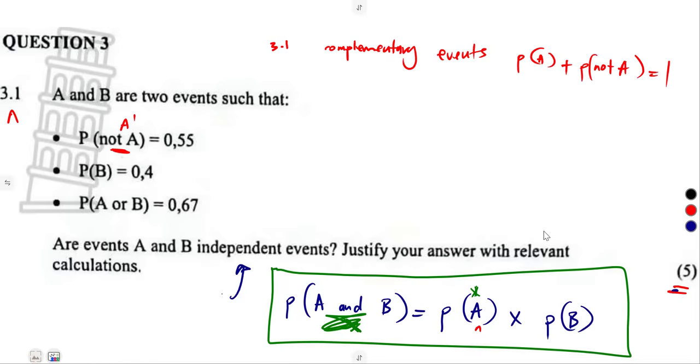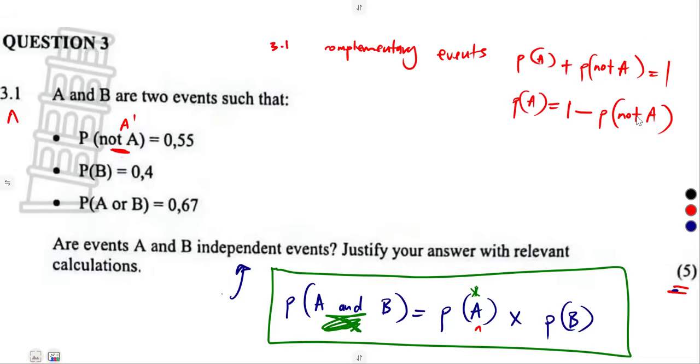So we can make this the subject of the formula. So P(A) is equal to 1, and we take this to the other side, minus the probability of not A.